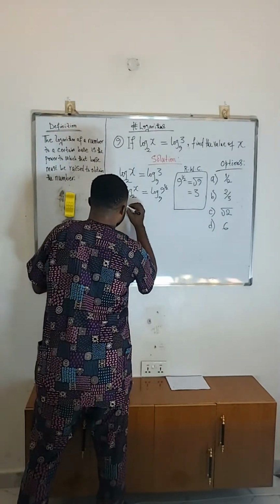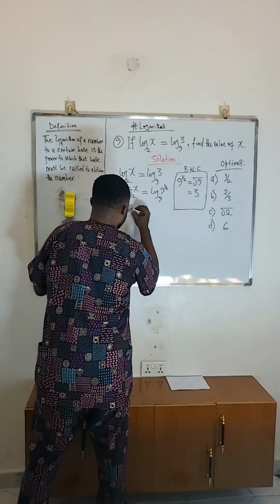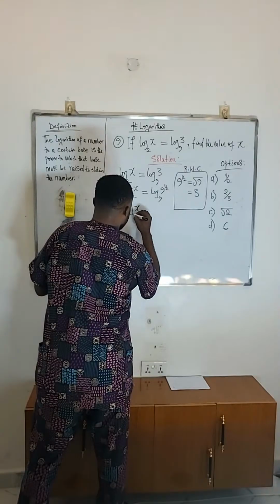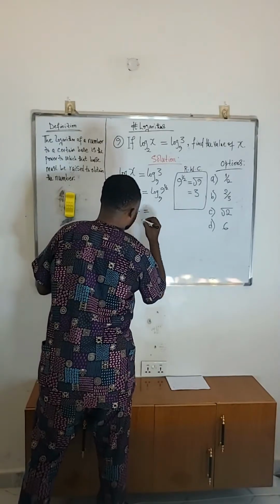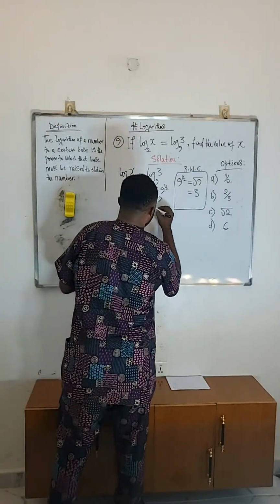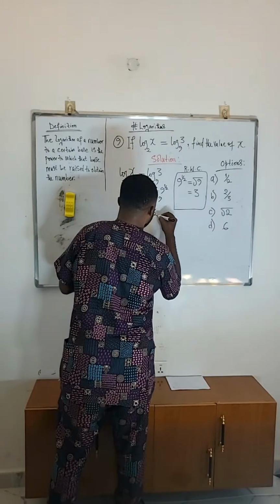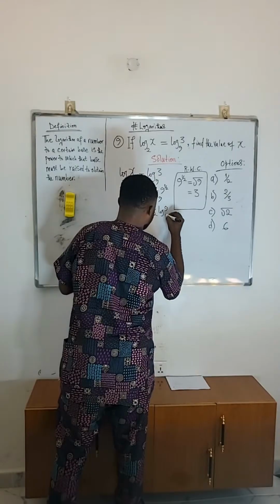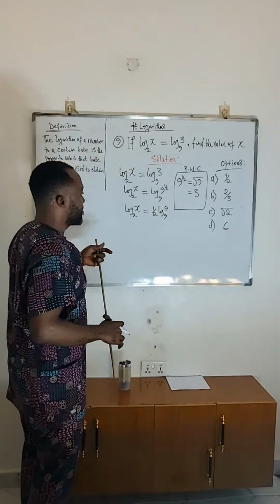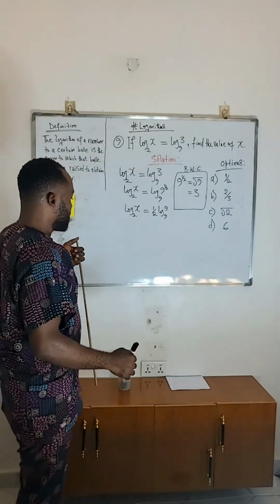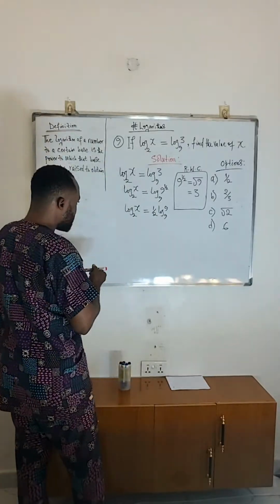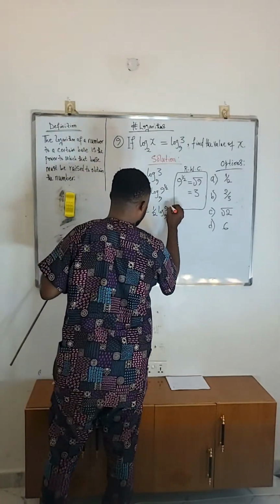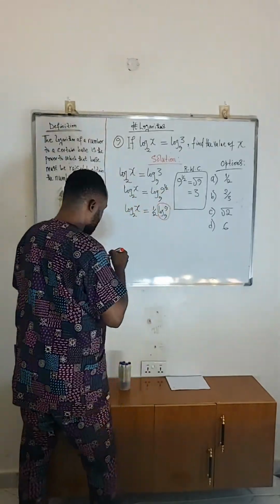So here now, we can see that log x in base 2 is equals to 1/2 log 9 in base 9. Can you see that? Now look up, you can see that the whole of this place now equals to 1.